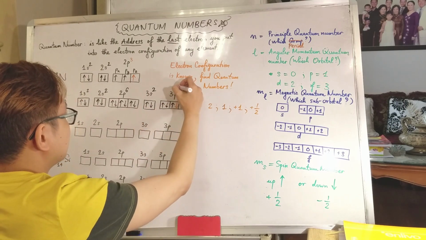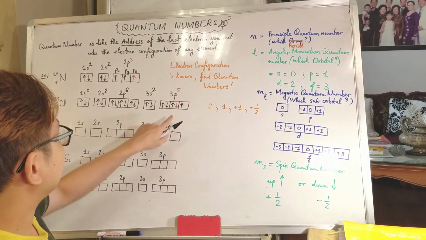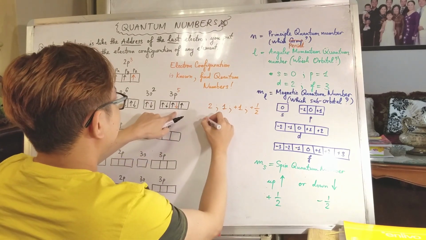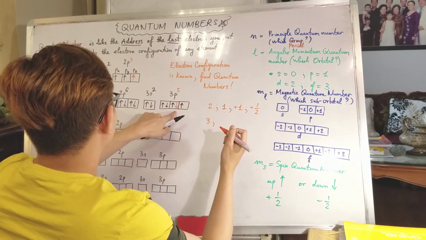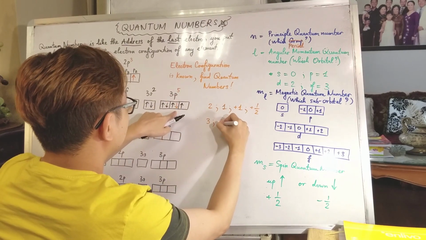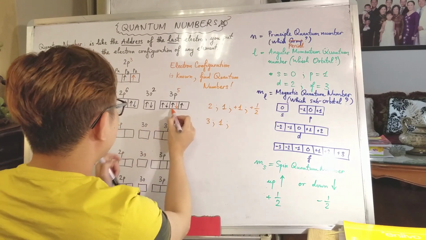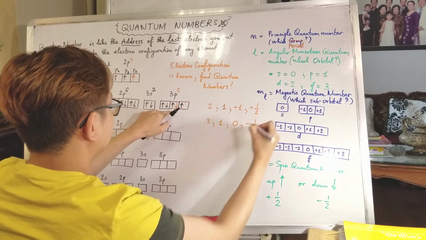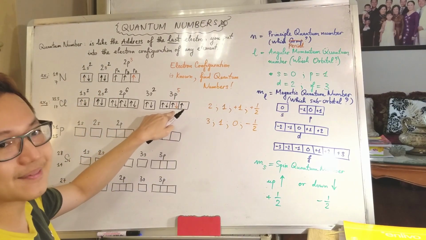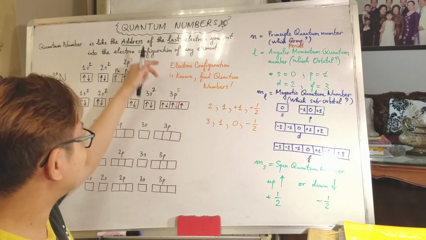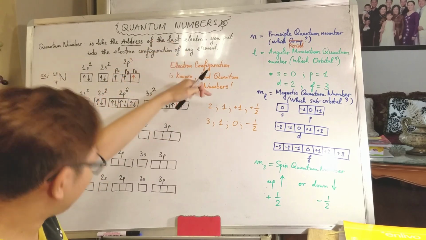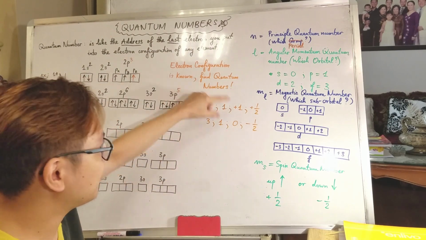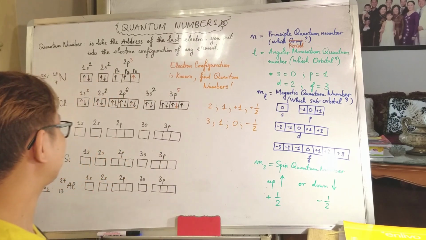So this one has 5. Alright, so the quantum numbers for this electron: period 3, it belongs to P, so 1. It belongs to the middle square, so 0. And it's going down, so it's minus half. Okay, quite easy, right? From electron configuration to find quantum numbers is actually quite easy, but in your program you might be asked to do the opposite. We'll go to that later, okay?